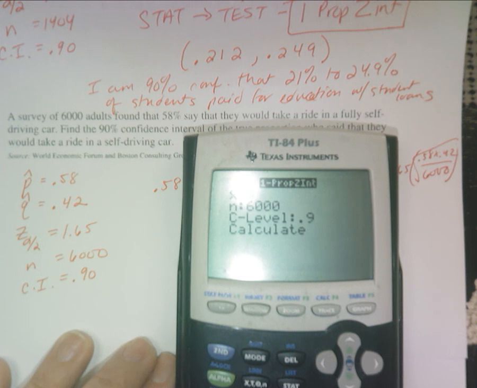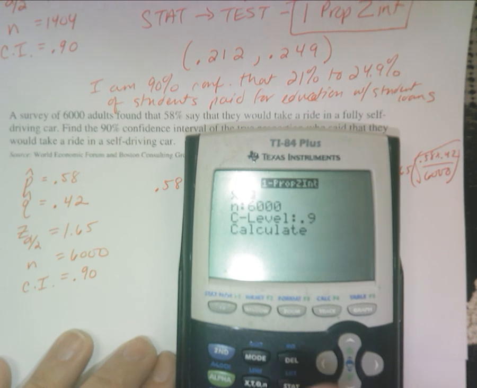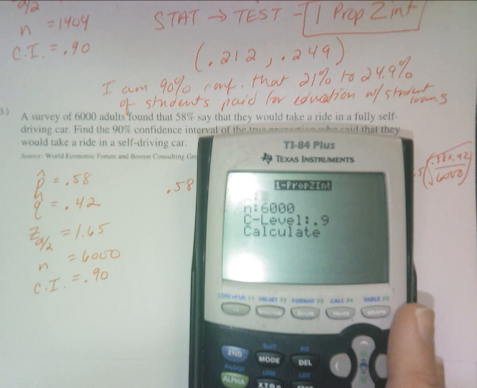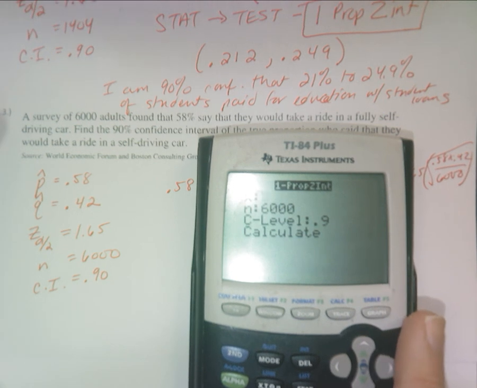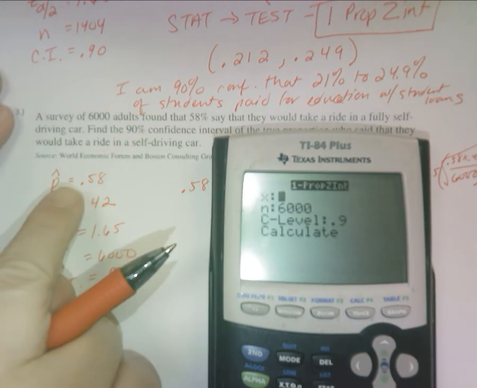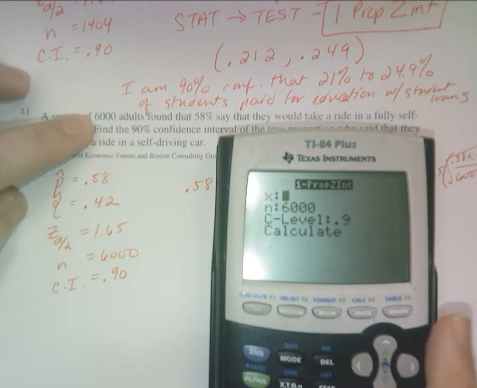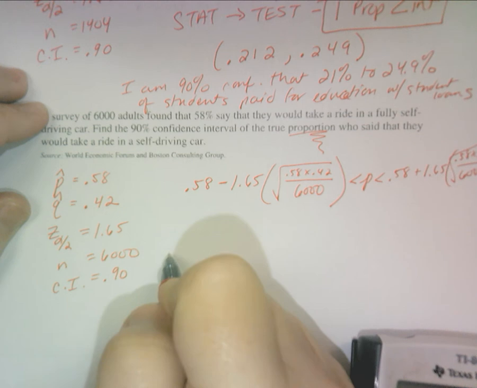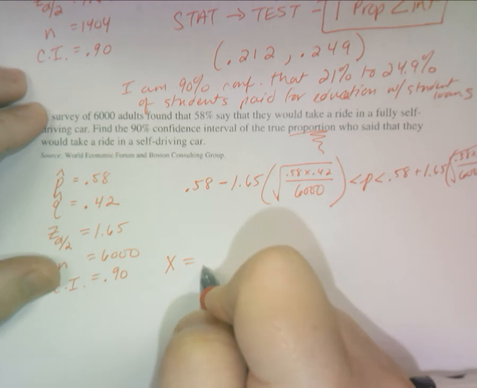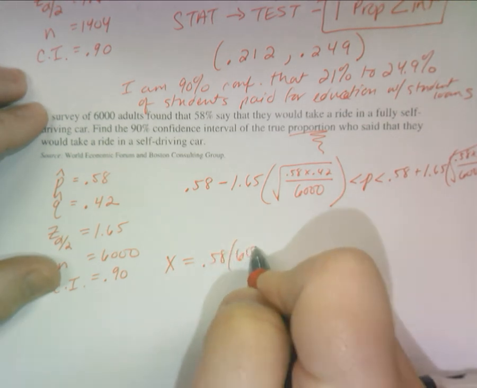You know it, you can figure it out. How are you getting it? Good job, Jenna. Multiply 6,000. That's exactly it. What would you say? 3,480. How did you do that? 58% of 6,000. Your X is equal to 58% of 6,000 people.